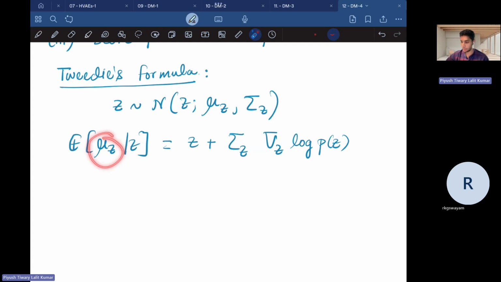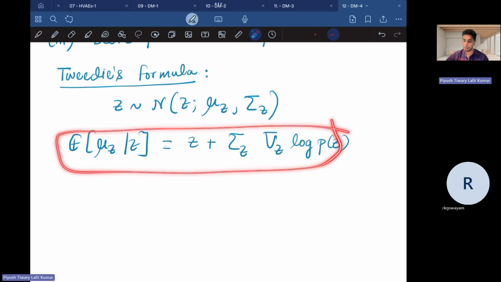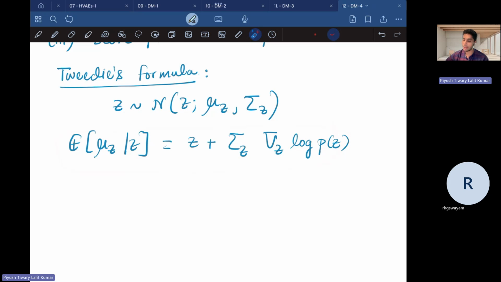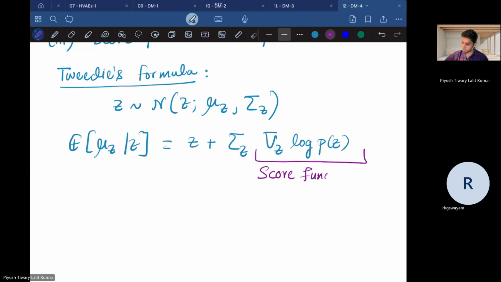That's the question, and Tweedie's formula gives you an expression for that. It tells you the expected value of mu z given z is z plus your variance or covariance times this thing. This thing is also called the score function. The gradient of log p z is also called the score of a distribution.